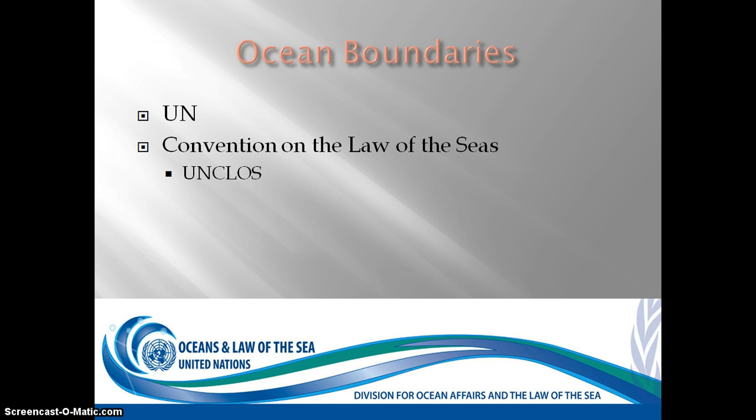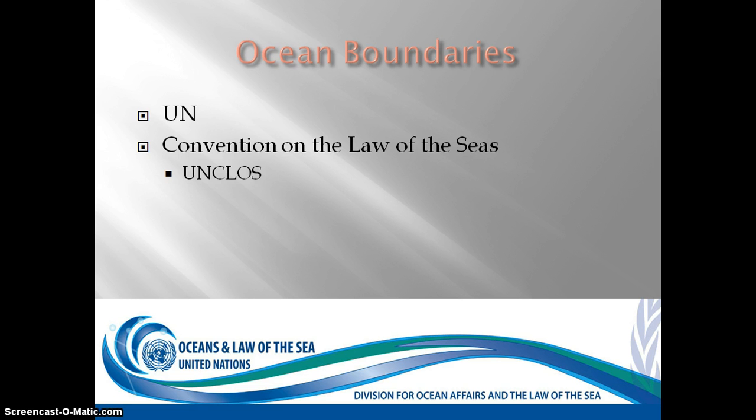So these are the basic principles of how states are going to establish boundaries and borders in the ocean. Historically, the most difficult thing has been, how exactly do you determine where a state's boundary begins and ends in regards to the ocean?